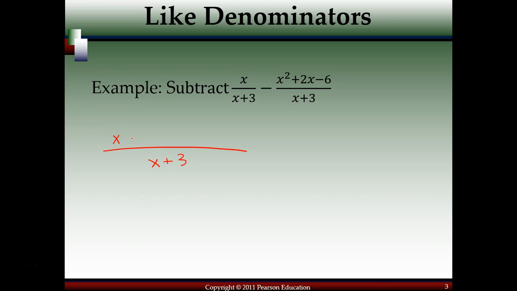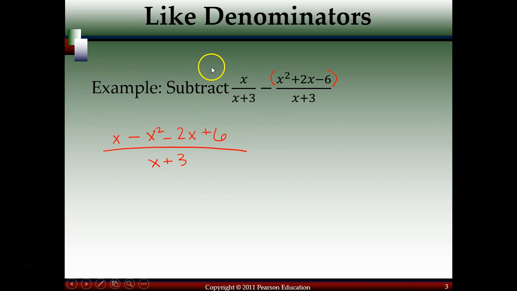So we're going to say x minus this entire numerator right here. So that minus sign is going to distribute to all of the values in this numerator. So I'm going to go ahead and do that process. I'm going to say minus x squared minus 2x plus 6.